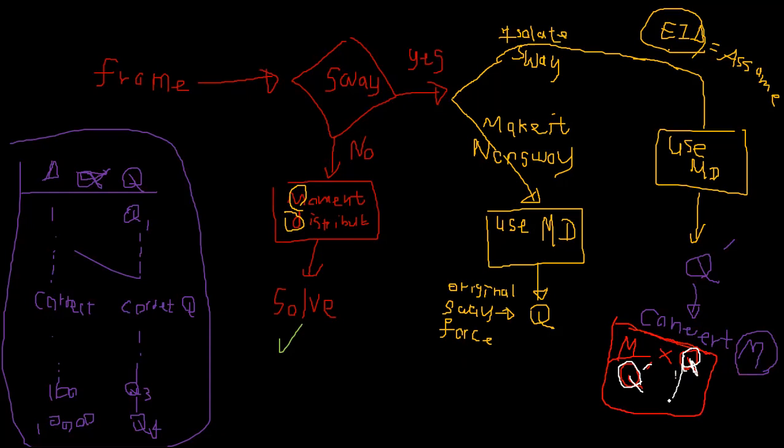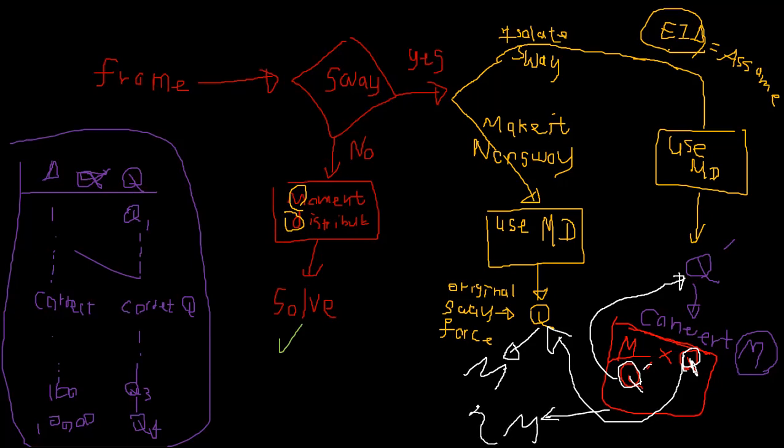This is the original Q. This is the Q dash, right? So finally, the moments you take from this and you superimpose it, right? So solve it.